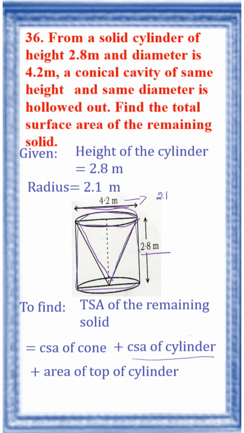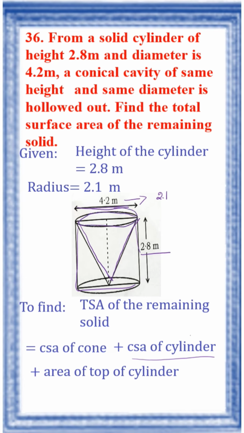Now this radius is 2.1. We have to find slant height because we have to find the curved surface area of the cone. How can we find out? Slant height is equal to square root of r square plus h square. Means r is 2.1 meter, h is 2.8 meter.